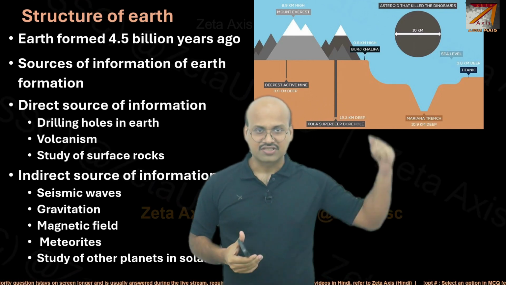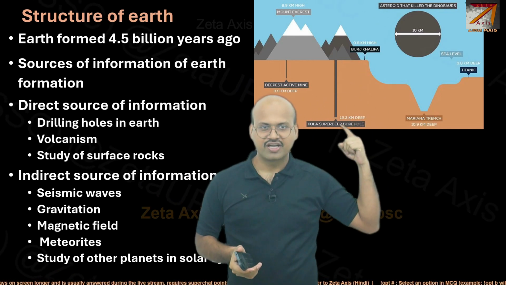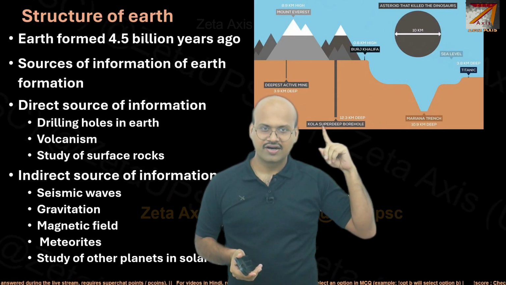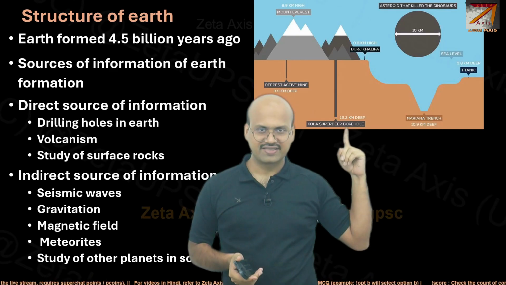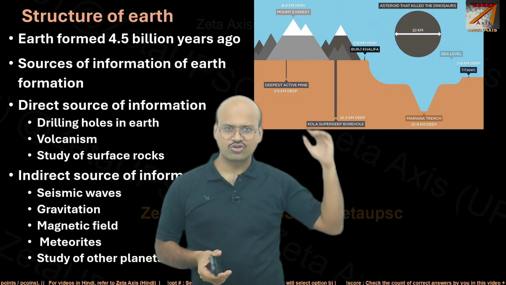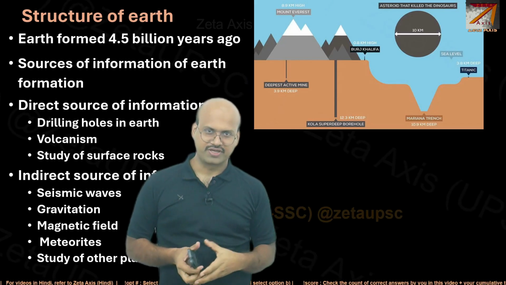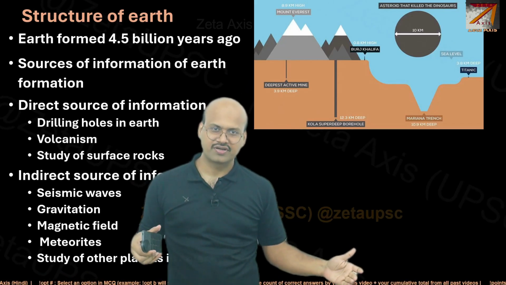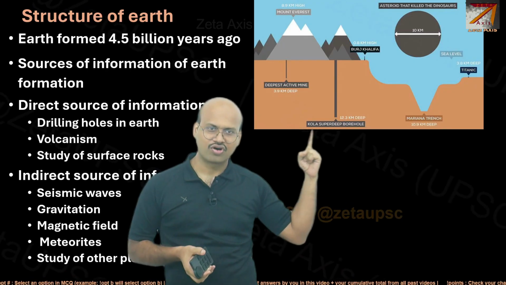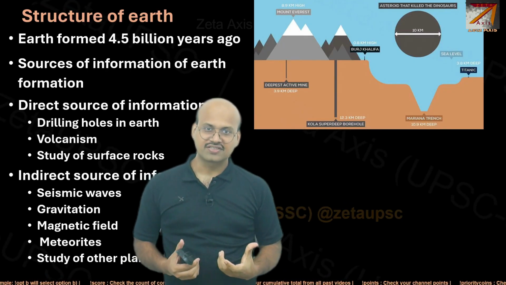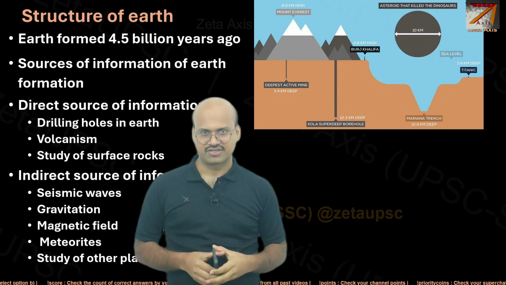But the deepest bore which we have dug so far is only 12 kilometers, which is the Kola super deep borehole in Russia. And the deepest mines, the gold mines or the coal mines, are also approximately 3 to 4 kilometers. So you can see that the Earth's radius is around 6,000 kilometers, but the deepest we have gone is 12 kilometers. So almost all of the Earth is inaccessible to us.